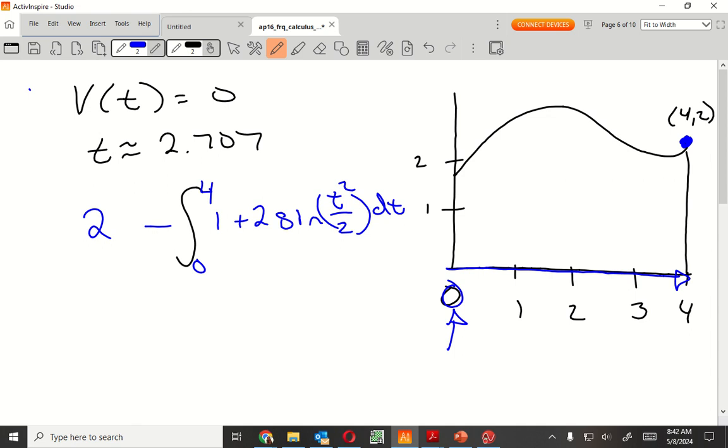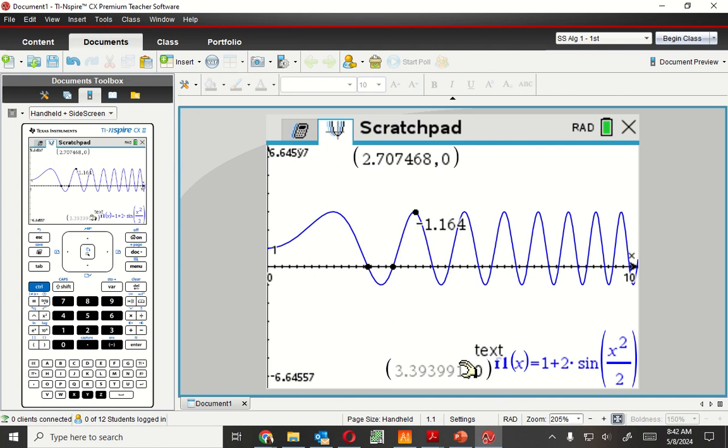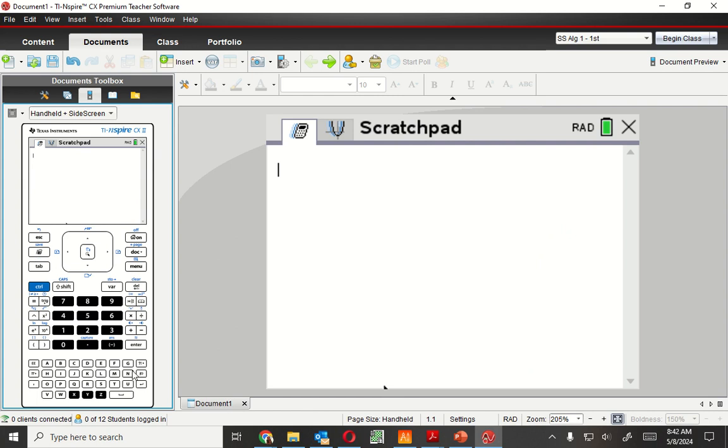Okay. All right, let's see what I get here for this one. So I'm going to do the math and just get the calculator to do it for you. Because I started here I had a value of 2 here, and I'm subtracting all this to go backwards because I want to find some point over here where x equals 0. So like I said, get the calculator to do it for you.